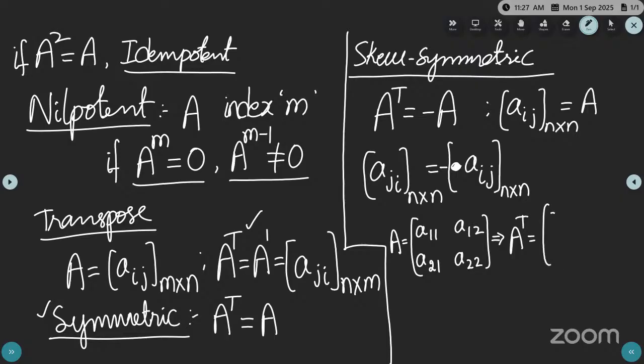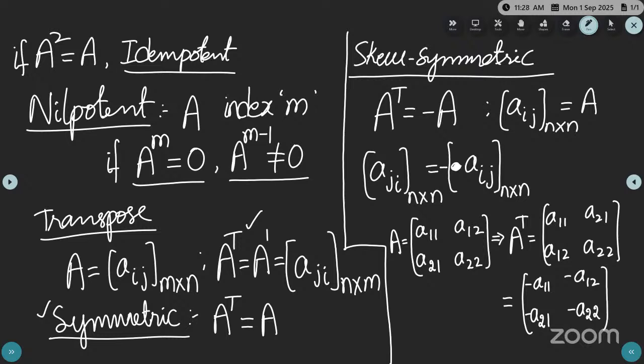A11, A21, A12, A22. If it is skew symmetric, this must equal minus A11, minus A12, minus A21, minus A22.